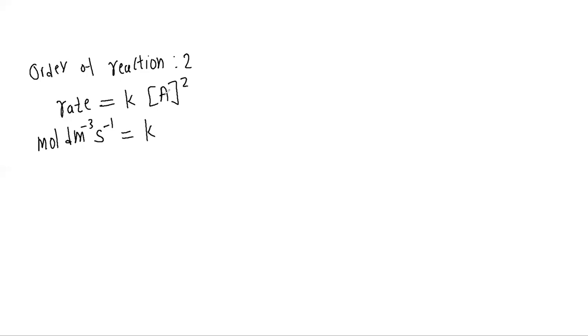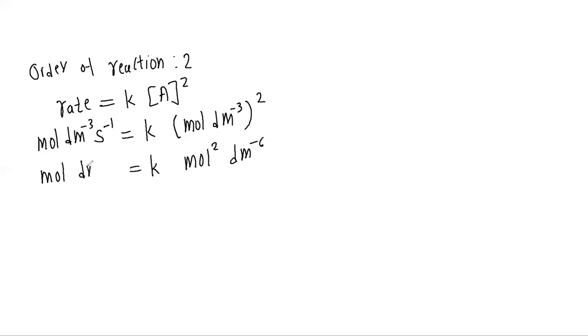K into moles dm cube whole square. So let's further simplify. K, this will be moles square, and this will be dm minus 6, and this is moles dm minus 3 s minus 1.